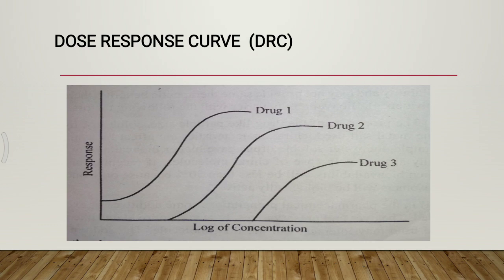Hence, drug second is considered to be less potent than drug 1. Similarly, drug third is less potent than drug 2.